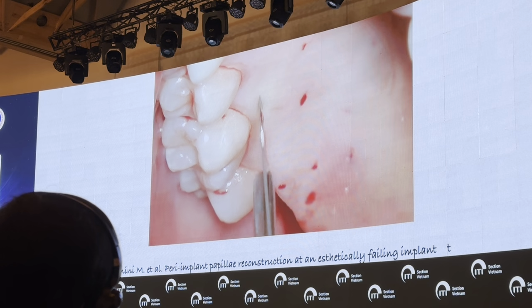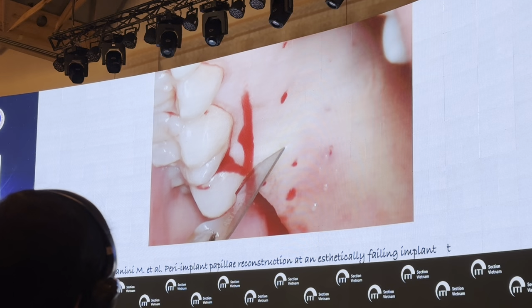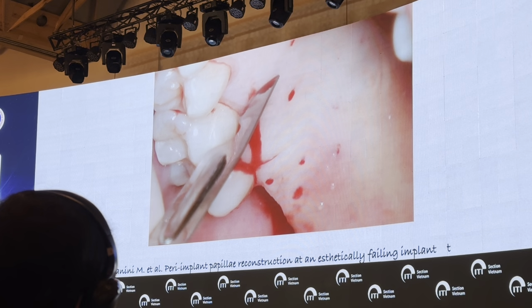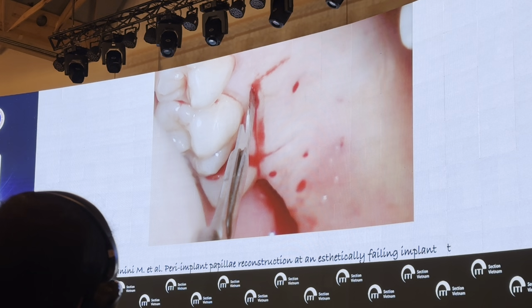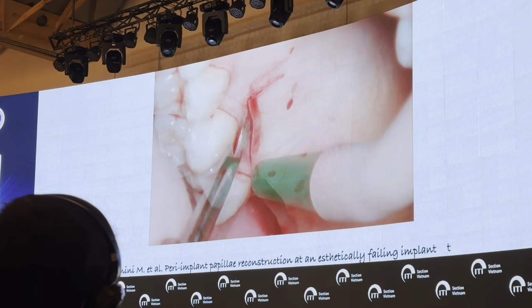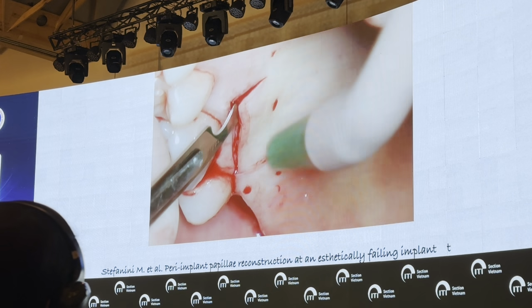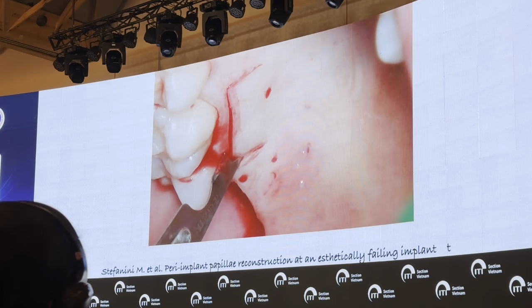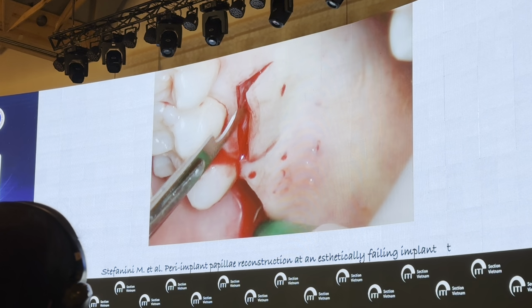I usually like to harvest the connective tissue graft from the hard palate, but in this specific case, in which I need a huge volume of soft tissue, the shape of the connective tissue graft that derives from the tuberosity can perfectly fit, in that case in the distal aspect, to increase the volume of the distal papilla.